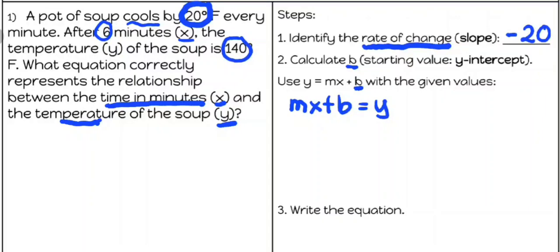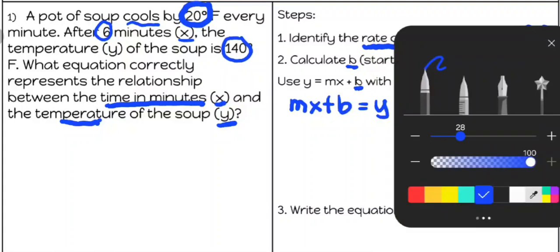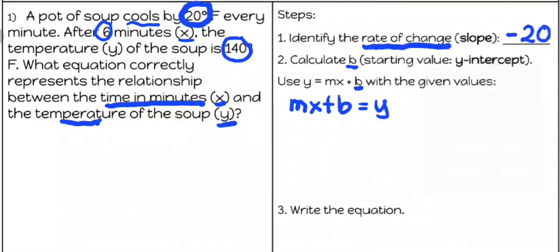So m, we already know the slope is our m, which is negative 20, right? Mx means m times x. So it means negative 20 times, what was our x in the second sentence?